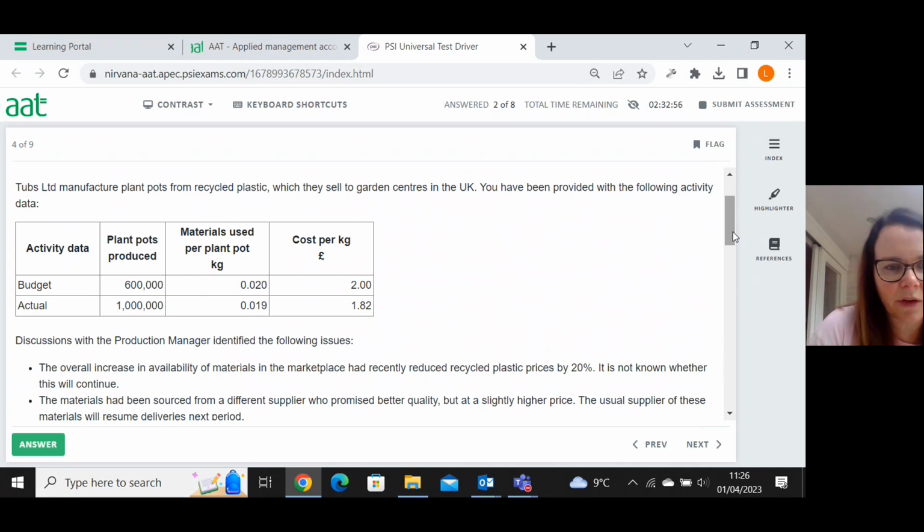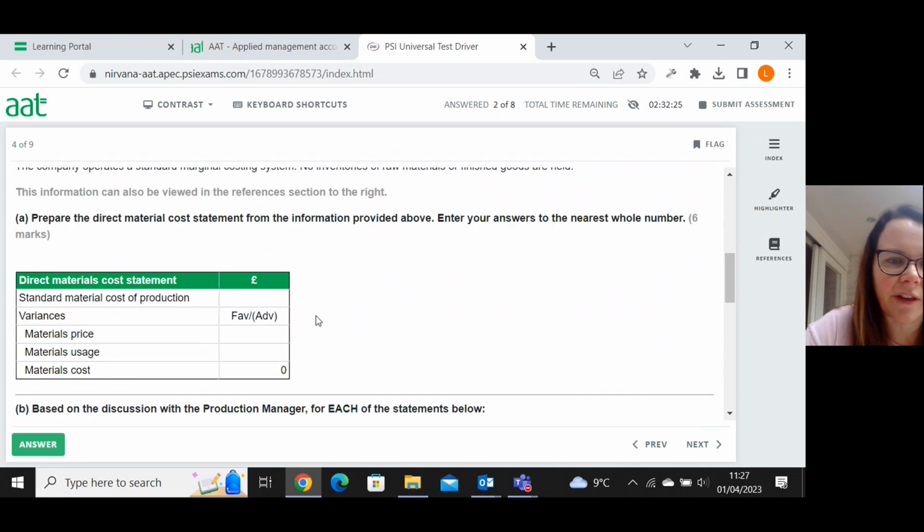So the standard quantity, let's have a look. So I expected each pot to use 0.02 kilograms. I've actually made 1 million. So I expected to use 20,000 kilos and I expected to pay £2 per kilo. So 20,000 kilos at £2 per kilo is £40,000. That's like my flexed budget figure.